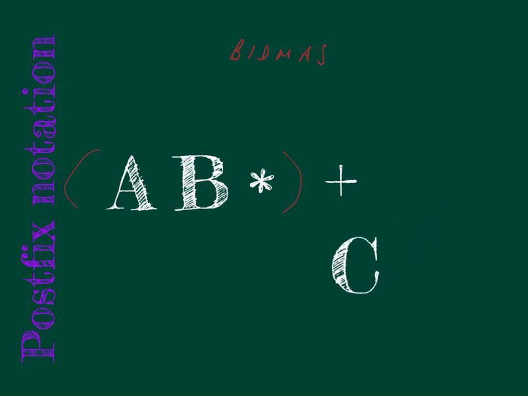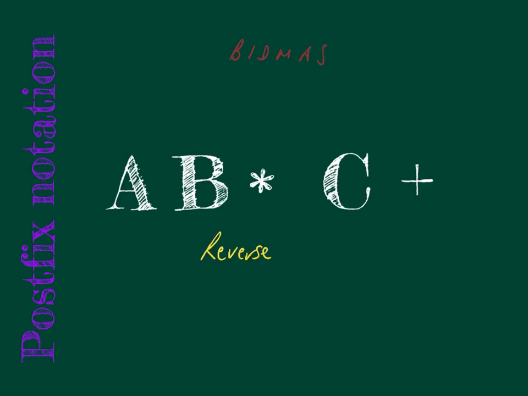And then you just take the C and the plus, and we'll just remove those brackets again now that we've done it, and that's our resulting postfix notation expression. So AB multiply C plus. And this is something which is called reverse Polish notation.